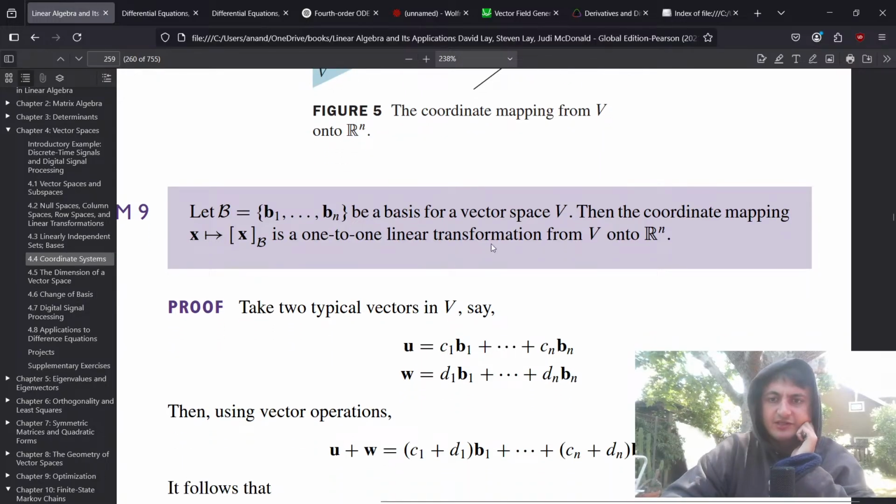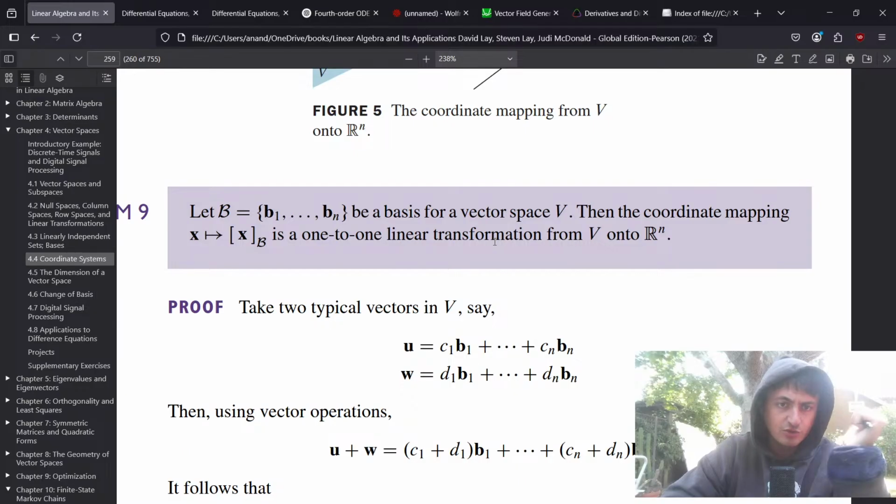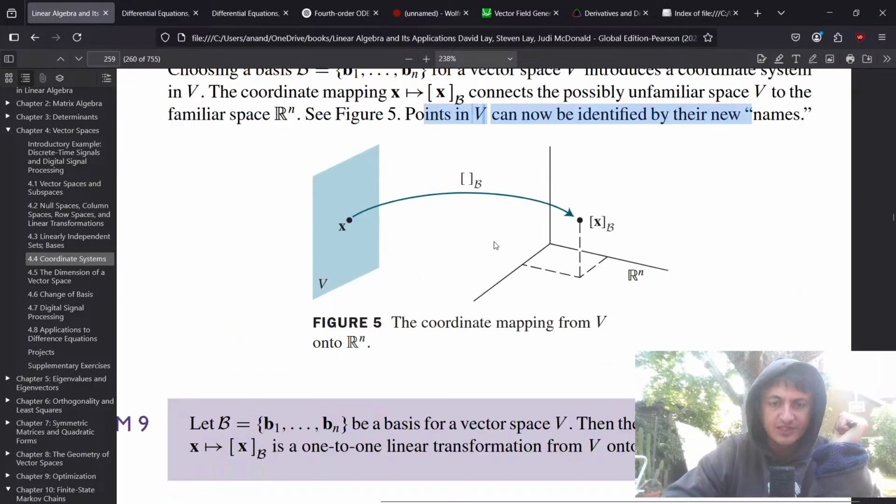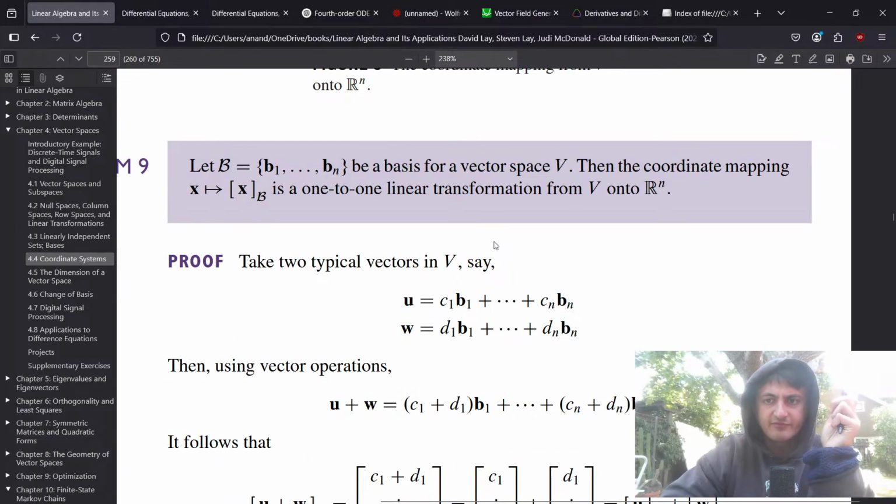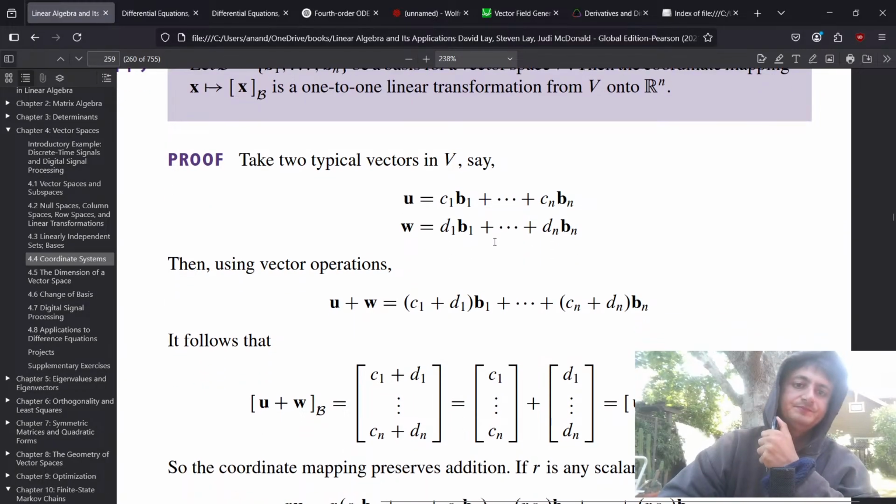If B is a basis for V, then the coordinate mapping x to x relative to B, the coordinate vector of x relative to B, is a one-to-one linear transformation from V onto Rn.